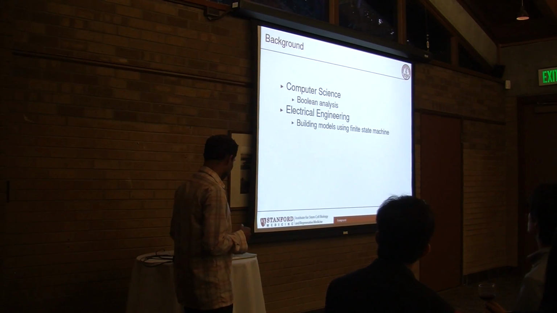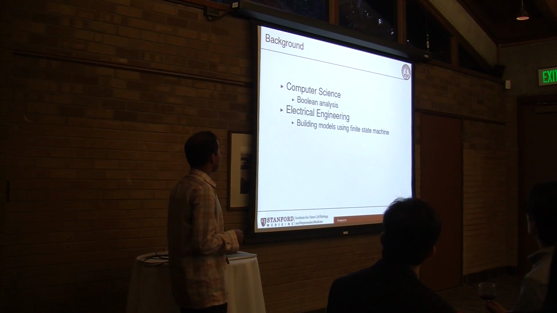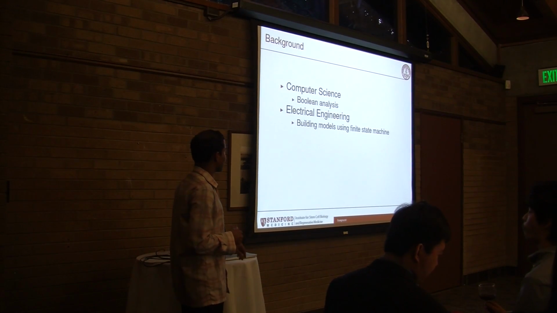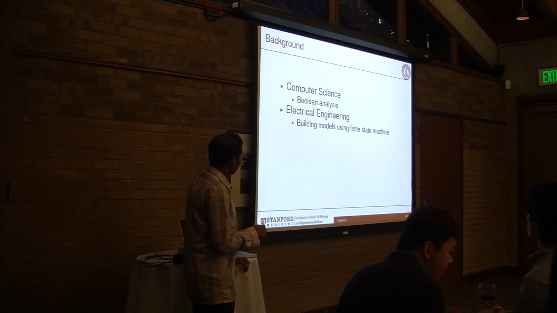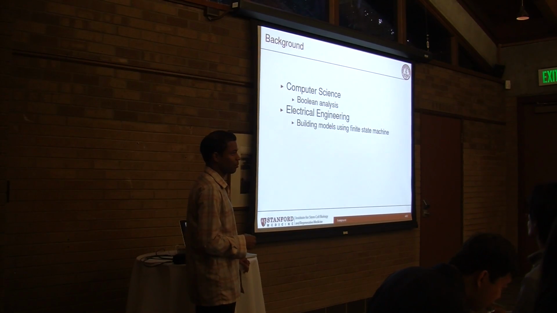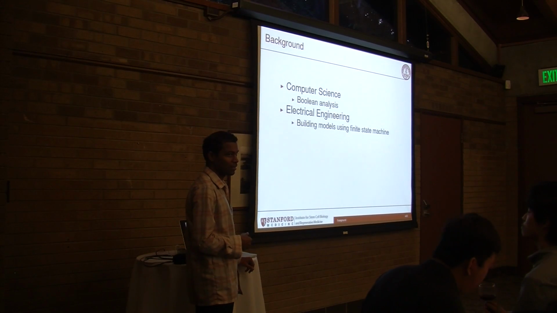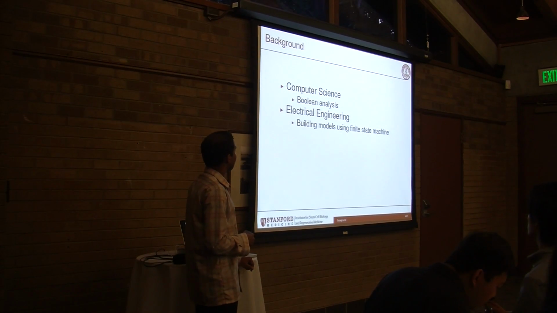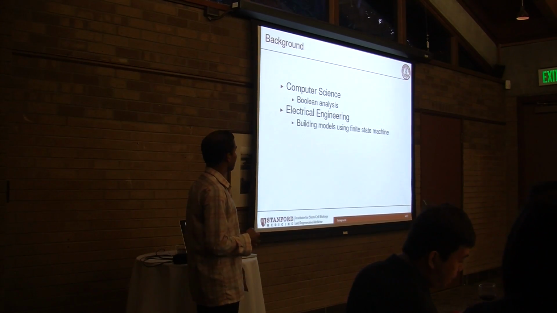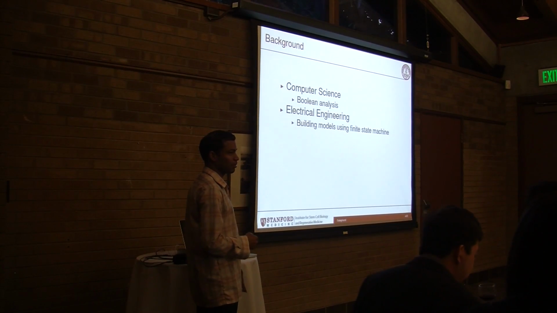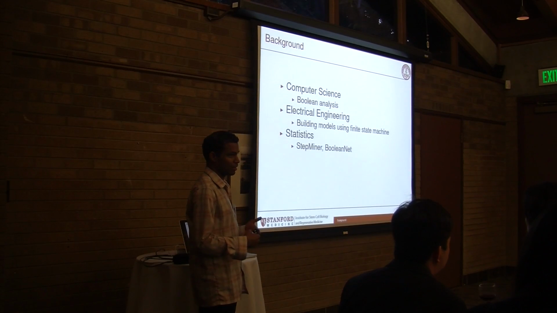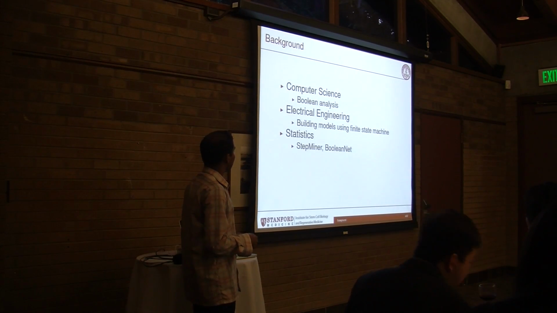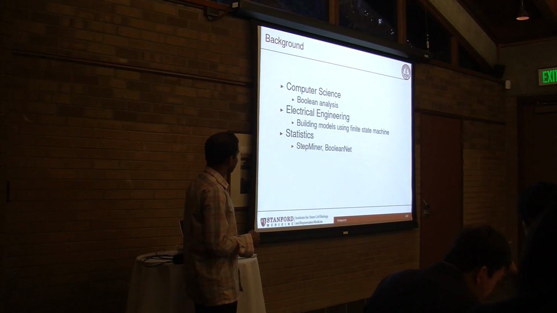I was also in the electrical engineering department here, working with the computer science faculty. So in the electrical engineering world, we had finite state machine models for Boolean circuits. And there is something from there I can bring into this talk. I also developed some statistics along the way. And we'll talk about that.